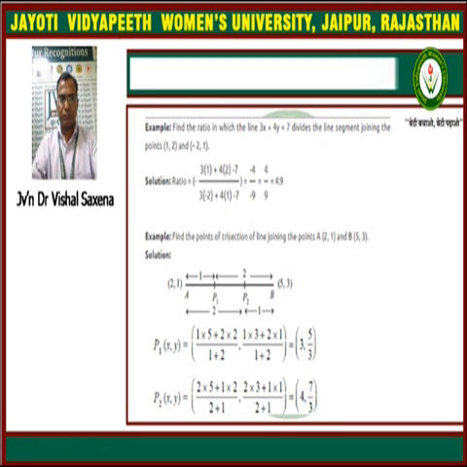Example. Find the ratio in which the line segment divides the line joining the points (1, 2) and (-2, 1).